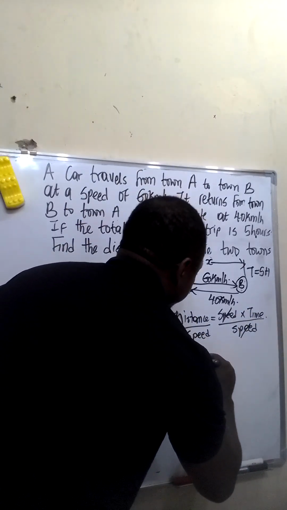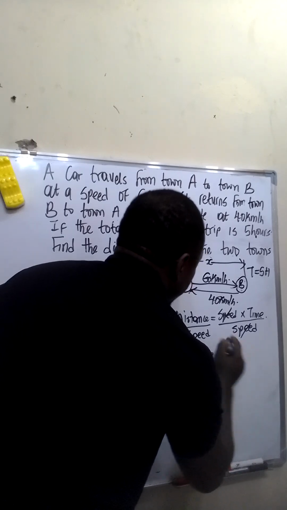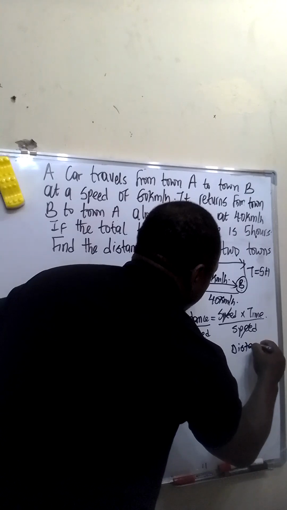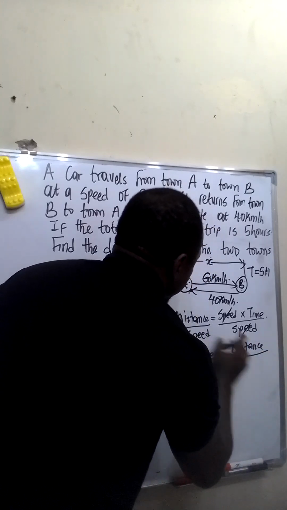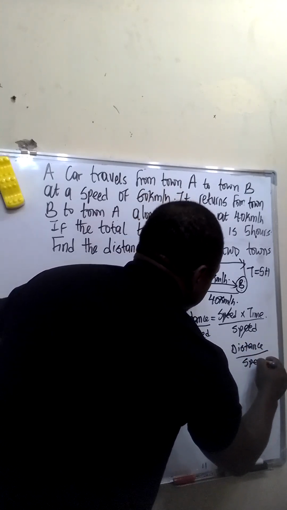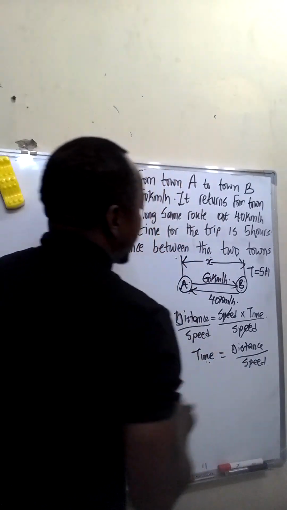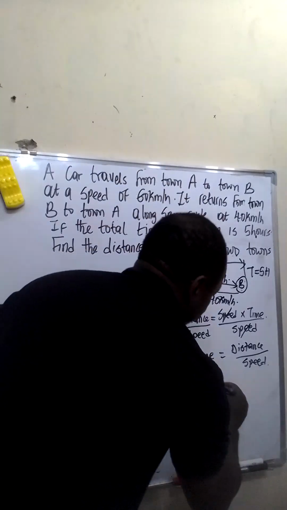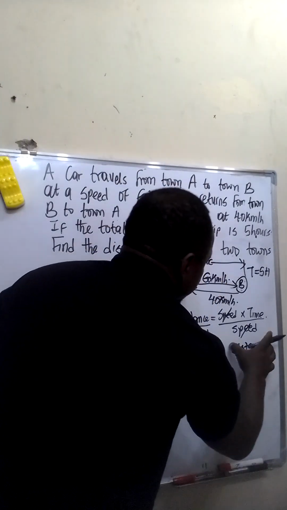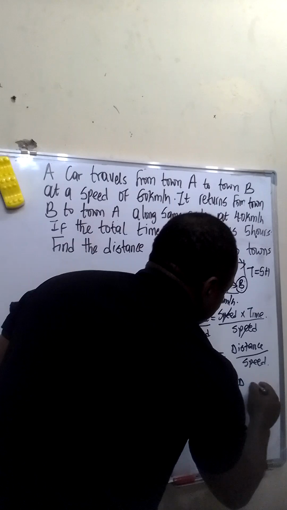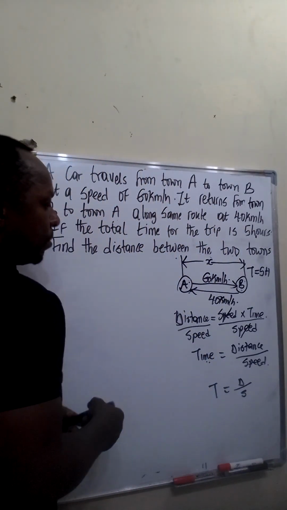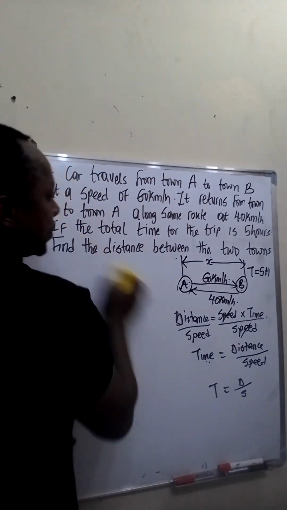Time will be equal to distance over speed. This is the formula for finding time. In this question, I'll be using T to represent time, D to represent distance, and S to represent speed. Now, let's solve this question.